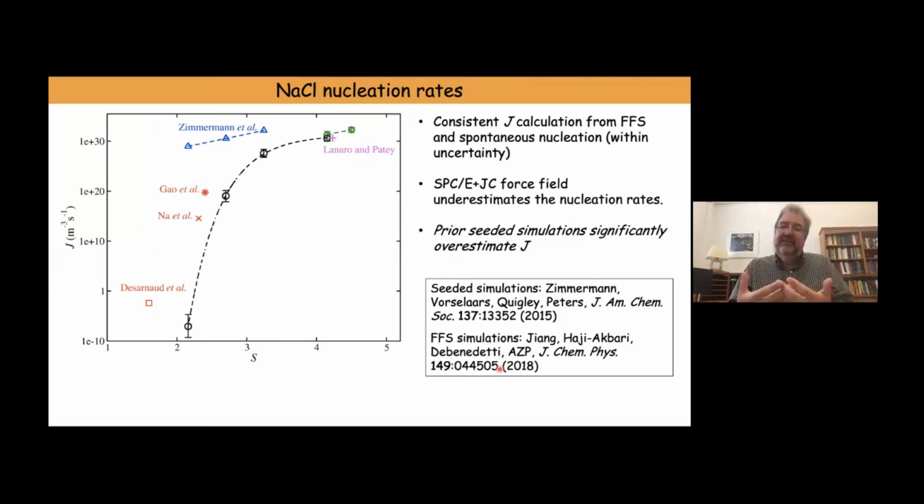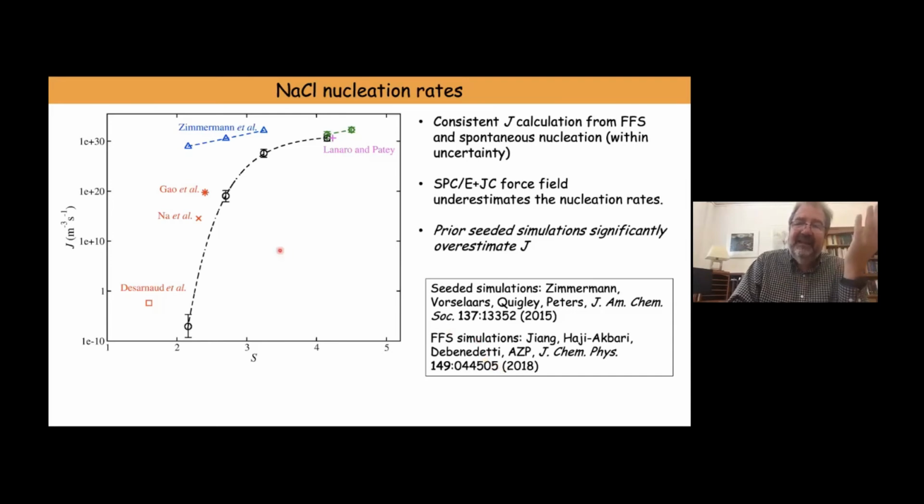To calculate nucleation rate, you can seed the simulations, and this is not a bad approach, but it turns out to suffer from some disadvantages. You seed the solution with a crystal, and you see if the crystal grows or shrinks, and then you use classical nucleation theory to connect that to nucleation rates.